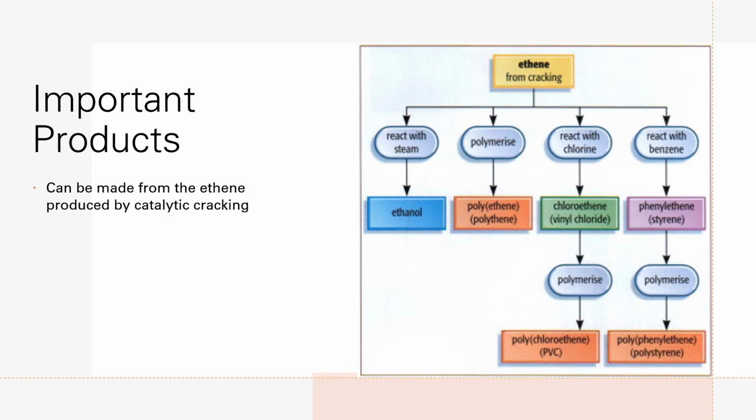Important products can be made from the ethene produced by catalytic cracking. For example, here we have ethanol from the reaction of ethene with steam: ethene C2H4 plus H2O to form CH3CH2OH. And then we have a polymer from ethene, polyethylene, by the polymerization reaction.